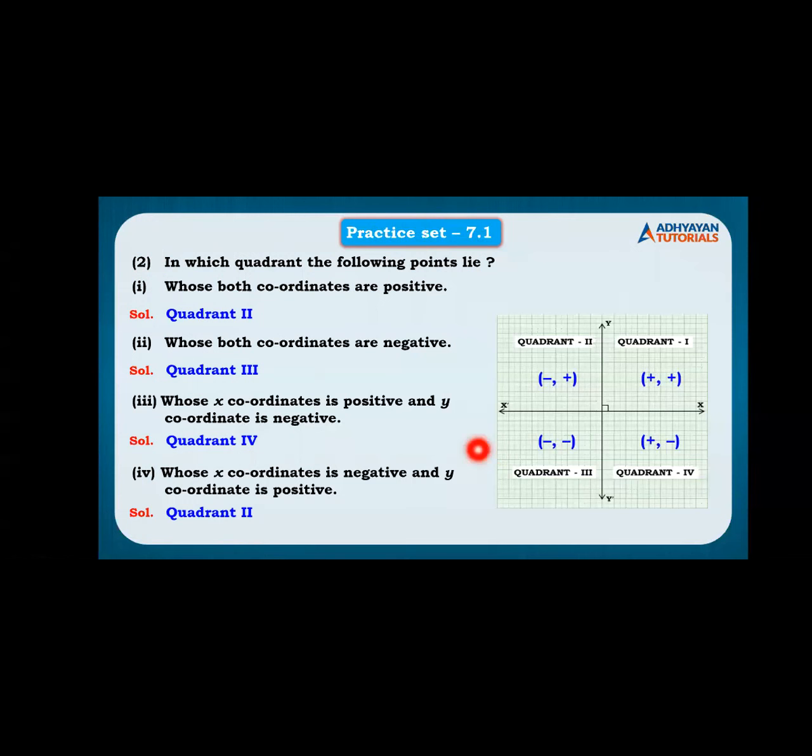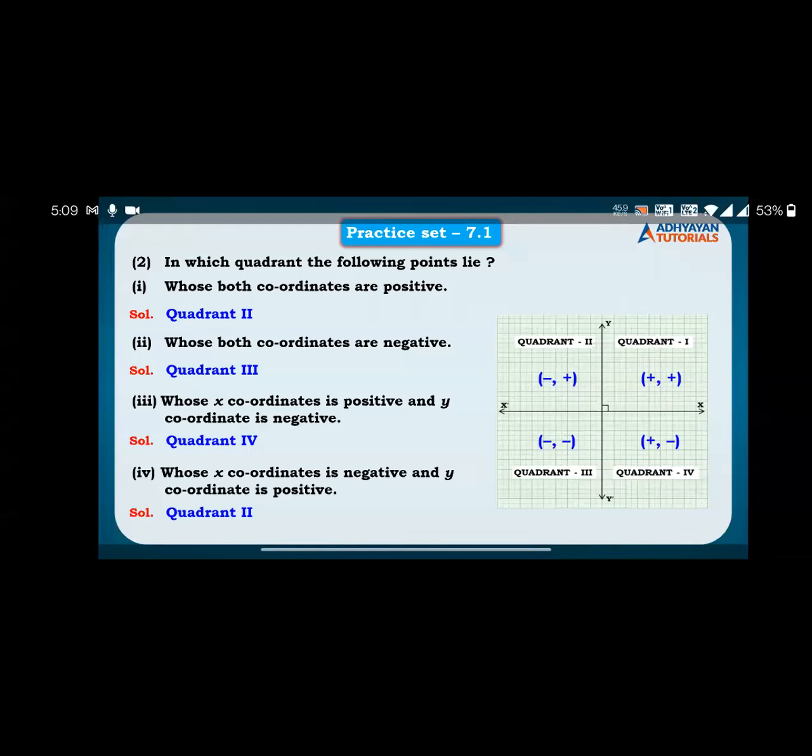Again, this you don't have to do in your graph book. This is just for reference. So moving on to the next part. Again, those kids who have not finished copying those 4 words, quadrant 2, 3, 4, and 2, can take a screenshot.